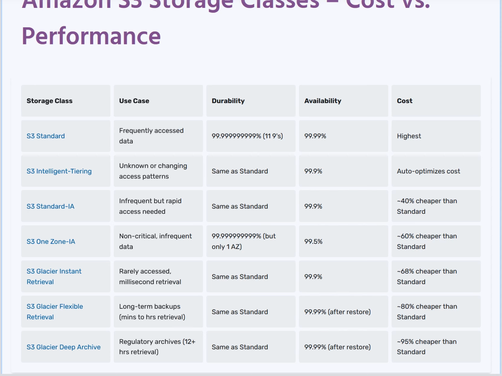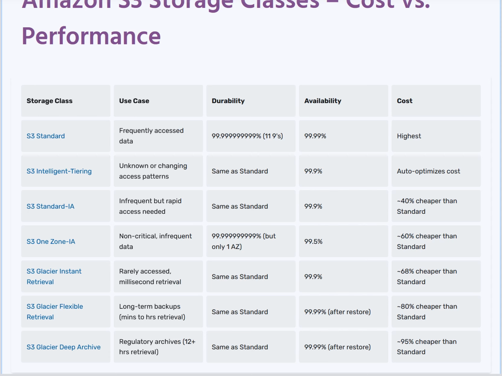In a company, if you're accessing data very frequently, you need to keep it in Standard tiering. The durability is 11 nines, 99.999999999. Availability is 99.99, and the cost is going to be the highest with the Standard class.